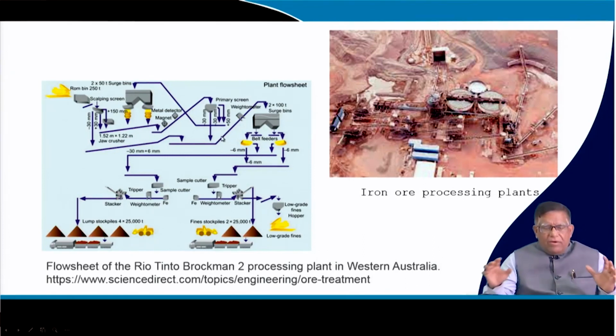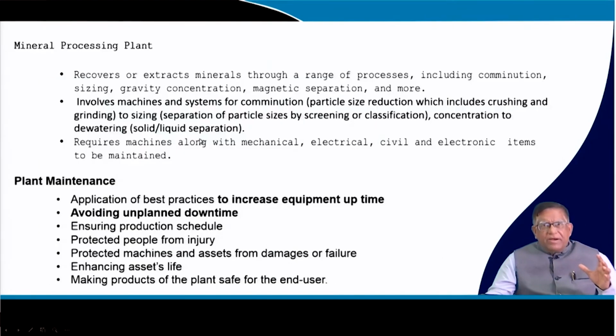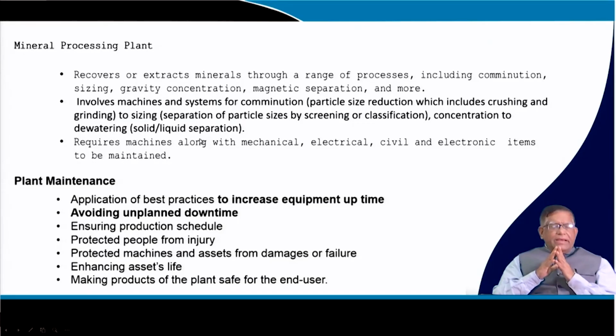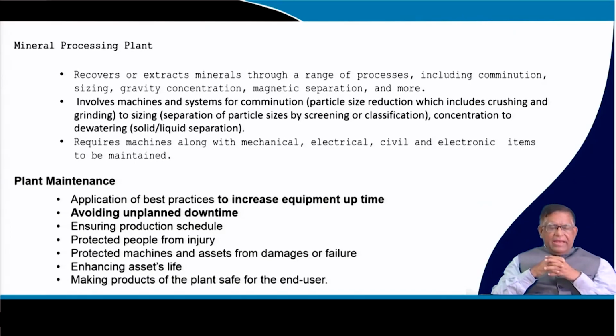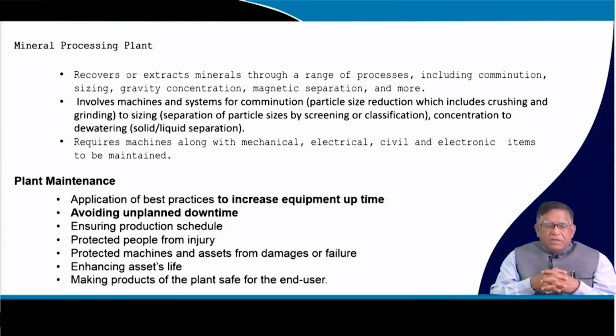So basically in any mineral processing plant, they do a lot of activities. From the surface layout, as you have seen in the figure, you know where is what, and the main job of the processing plant is that the concentration will be improved.